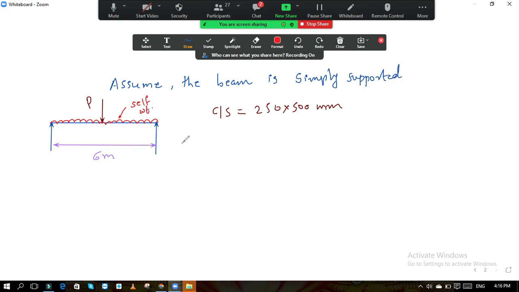So now here I will calculate self weight, which is equal to cross section dimensions 0.25. We will calculate per meter length. So instead of 6 meter, we assume the length as 1 meter. So 0.25 into 0.5 into 25.